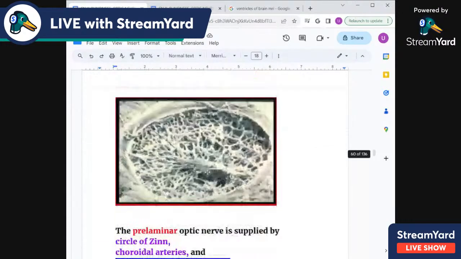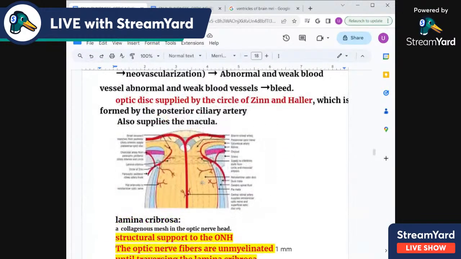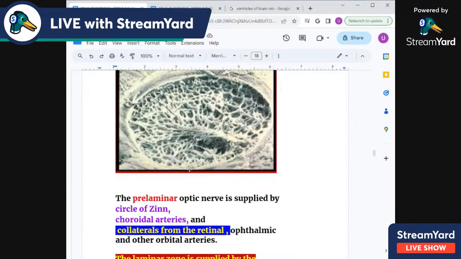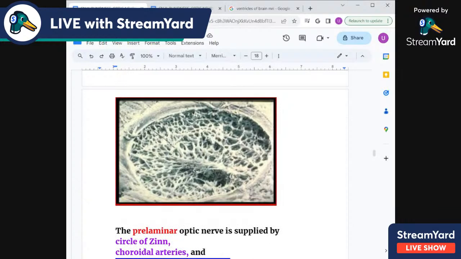And then we have the blood supply to the posterior part of the optic nerve over here, just behind the optic disc. This is the prelaminar, laminar, and postlaminar area. So what's lamina? This is lamina. Lamina cribrosa, which is a mesh-like gelatinous structure through which the axons of the ganglion cell layer pass along with the other blood vessels and other fibers.